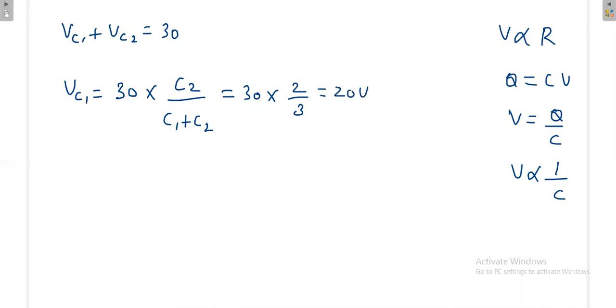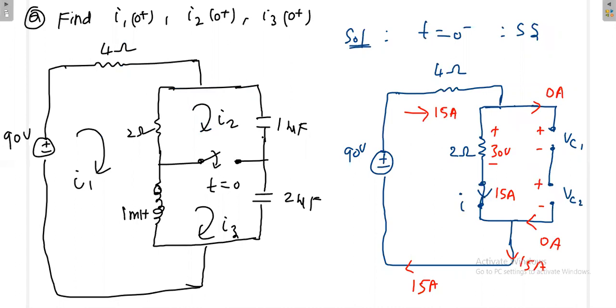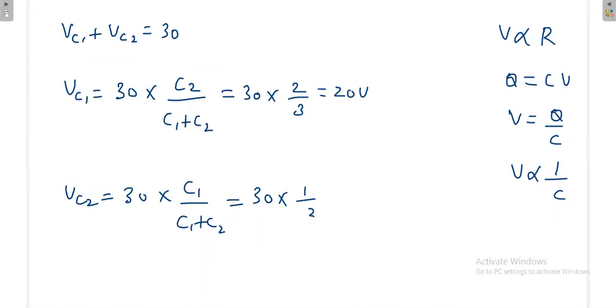Then what is VC2? VC2 is equal to the source voltage, that is 30, times the opposite capacitance C1 divided by C1 plus C2. So 30 times, what is C1? C1 value is 1 by 3. So 10 volt. Now we have calculated the voltage across the capacitors at t is equal to 0 minus.